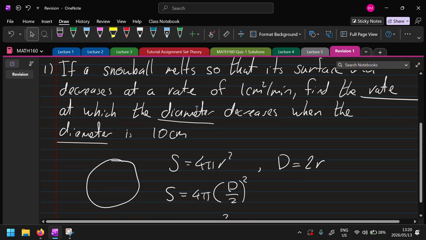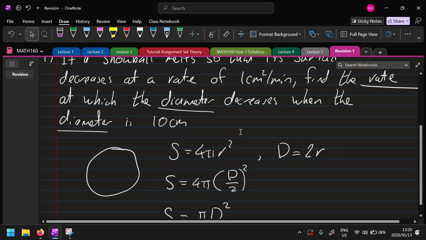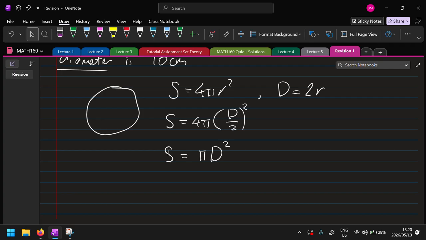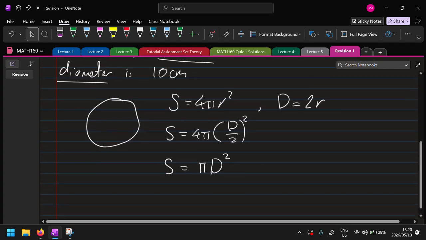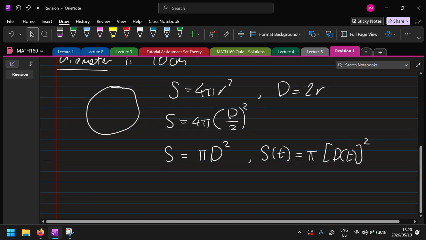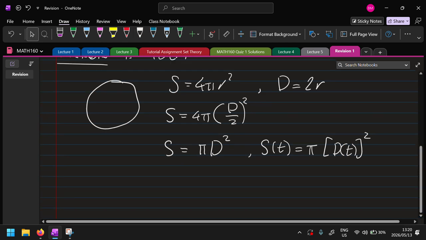Now we want the rate of change of this. Okay, so we've got S, remember that is S in terms of t, because it's decreasing, and D is also D in terms of t. Okay, you don't need to write it like that, but that's how we know. Right, it's implicit. We don't need to write it.